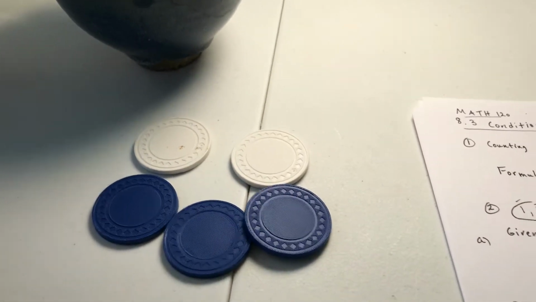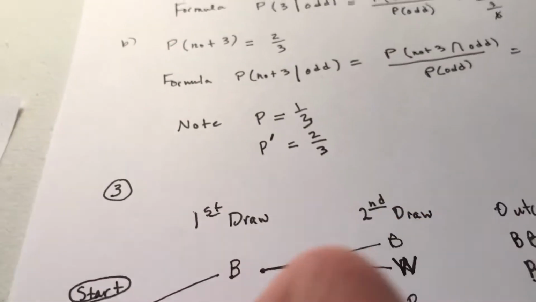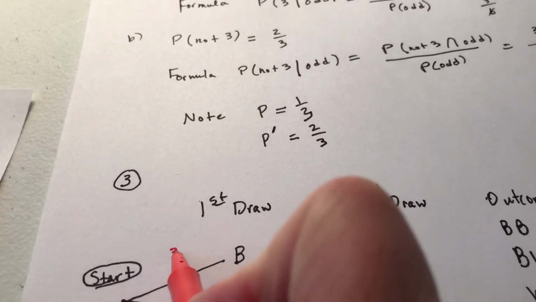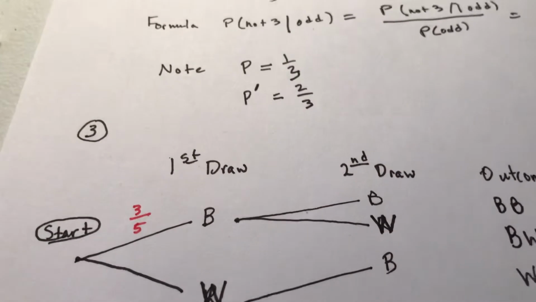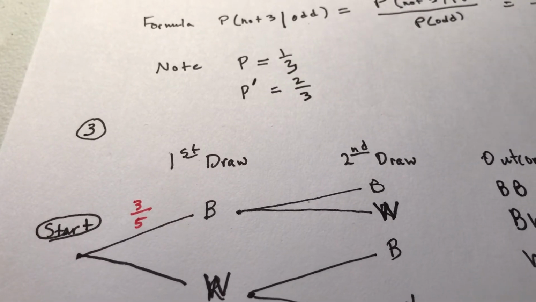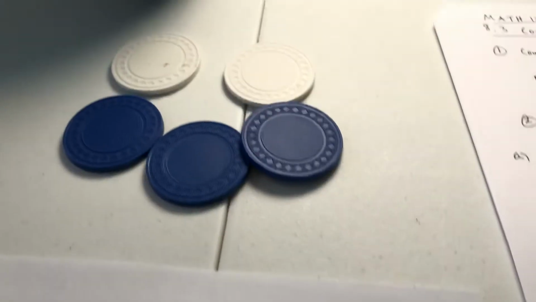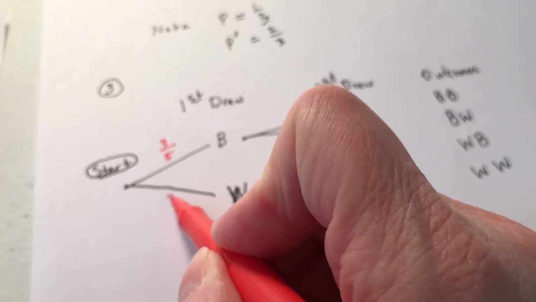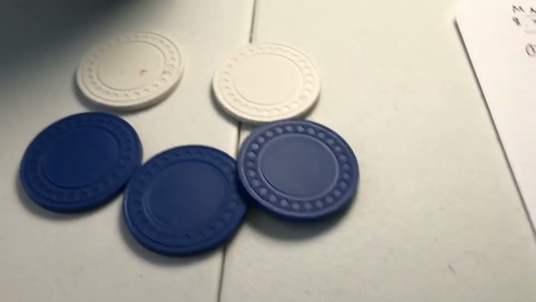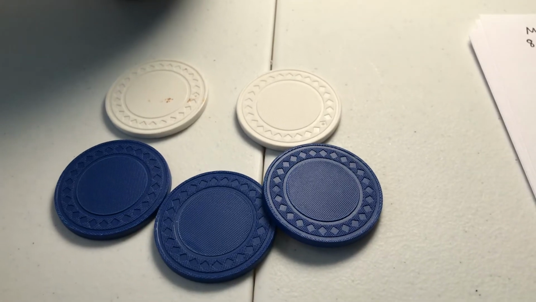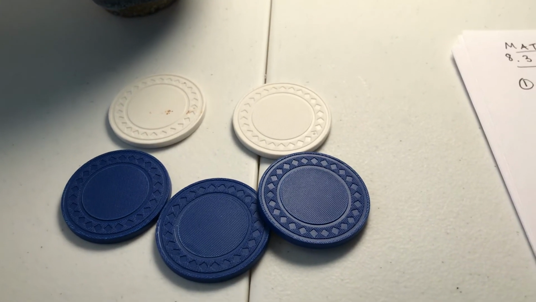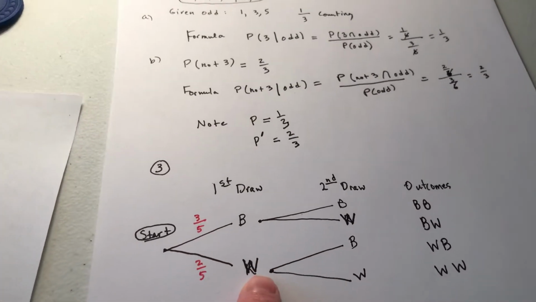You put it on the branch, not on top or anywhere else. What's the probability it's white? 2 out of 5. So 3 blues out of 5 total and 2 whites out of 5 total. That is my first draw.